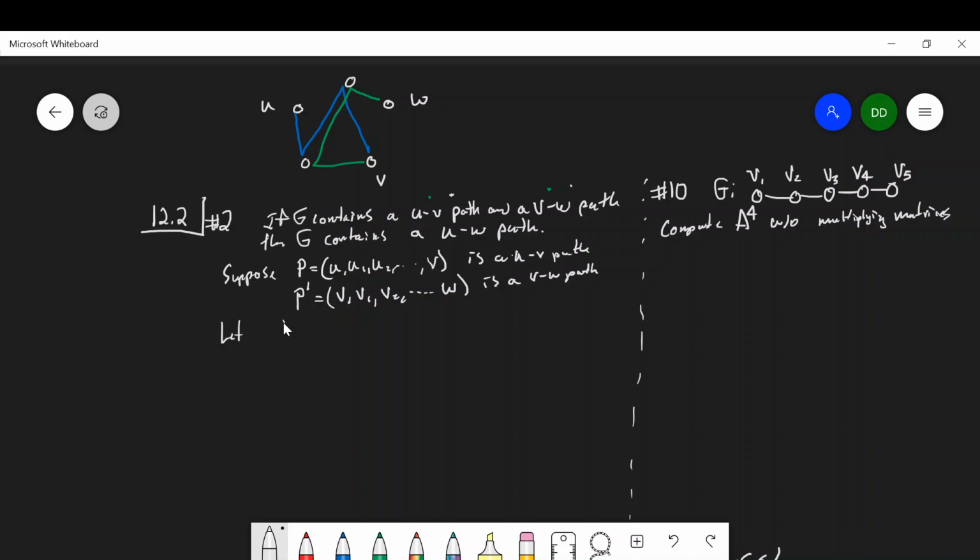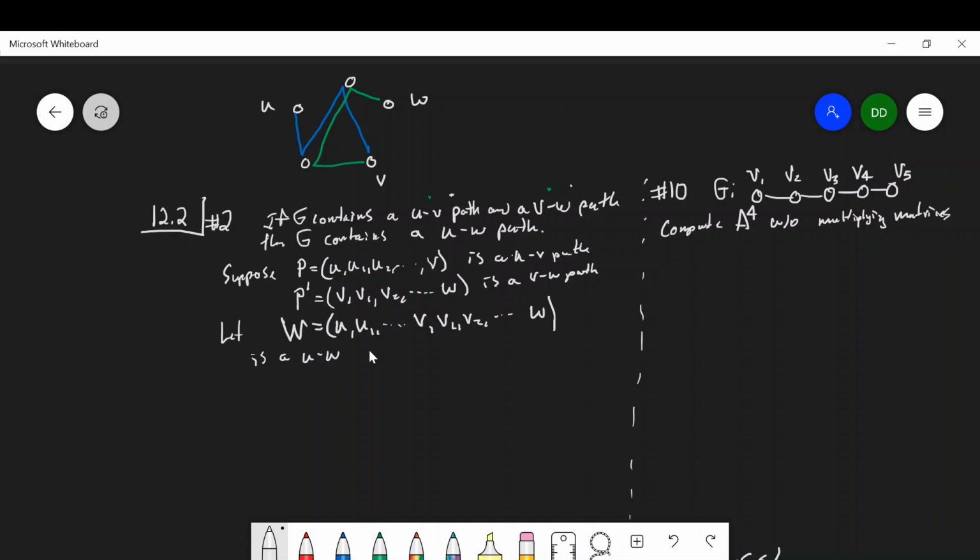We know it might be a walk, so I'm going to call this big W equal U, U1, up to V, V1, V2, up to w, which would be a UW walk.